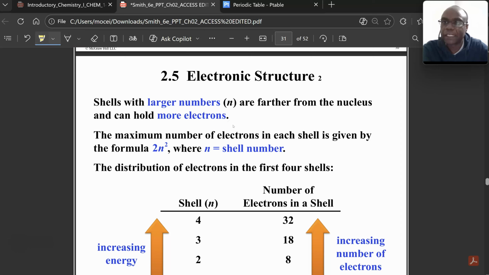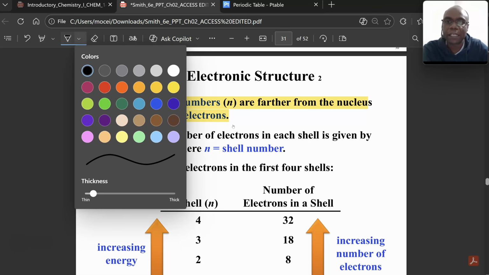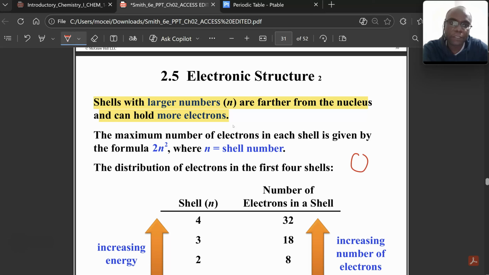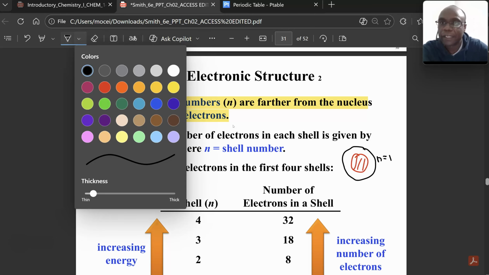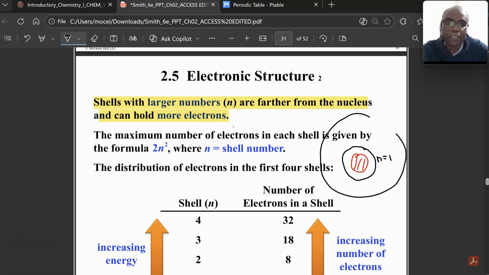So we repeat our statement again. Shells with larger quantum number, for example n equals 5 or 6, are further from the nucleus and can hold more electrons because, of course, their radius is larger. So if you have a nucleus again like this, and I have shells around it, let's say I have this shell n equals 1, and you have more shells, and then I go all the way out there and say this is n equals 6.